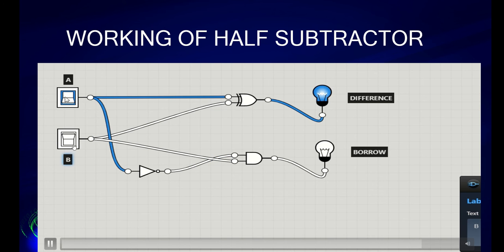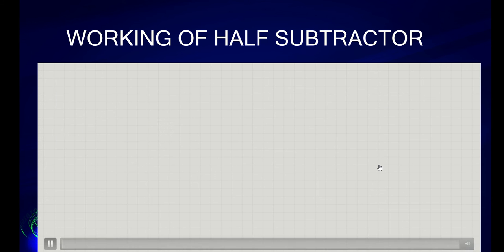When A is 1 and B is 0, difference will be 1, borrow will be 0. When both A and B are 1, the output will be 0. Difference and borrow both will be 0. That's the working of half subtractor.